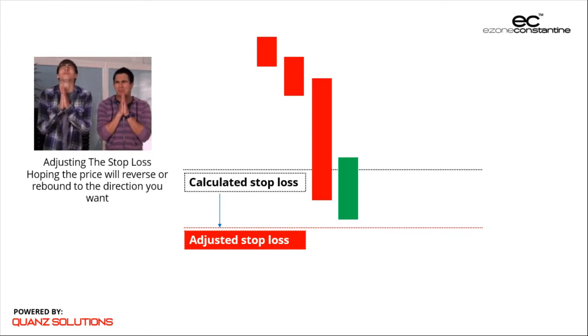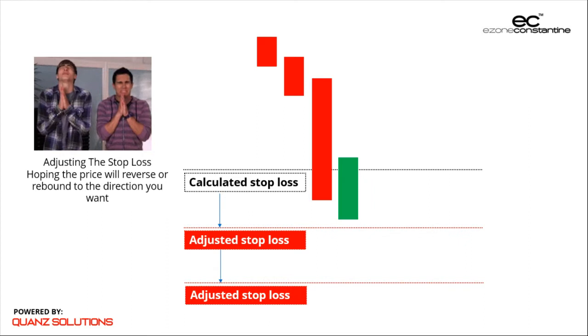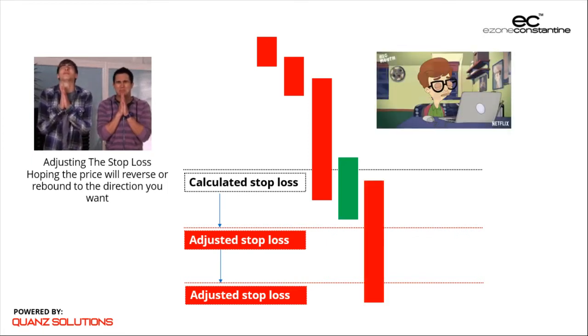You say, okay, I want to give a little more space, so you adjust even lower. So now you have an even bigger risk, a bigger stop loss, and suddenly you see the price pop. There you go, the market hits your stop loss, and now your risk is even bigger compared to what you calculated early on.